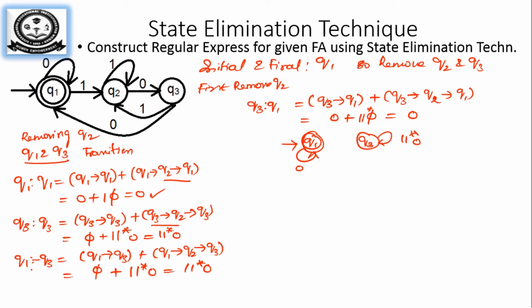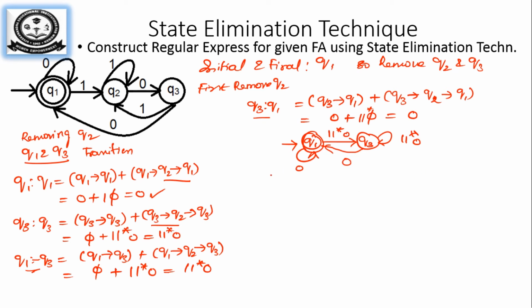Now you have a transition Q1 to Q3, which is also 1 1 star 0. Then finally we'll take Q3 to Q1. So sorry. So I'll draw it like this. Okay, so reversely it's 0. Okay, it will be 0 here.